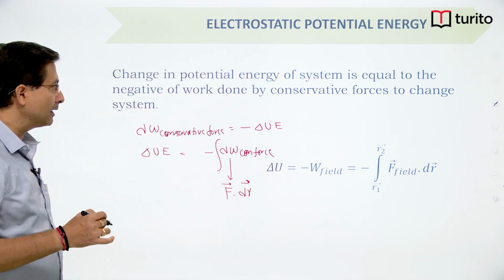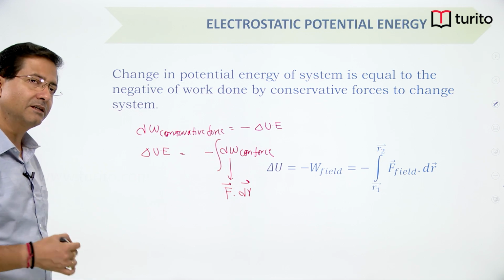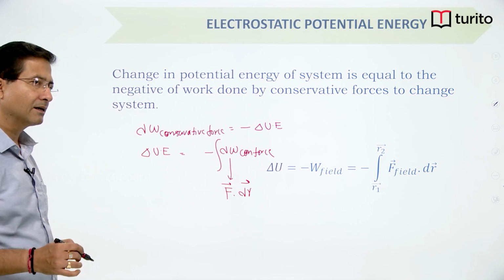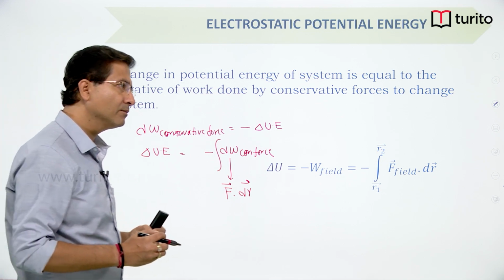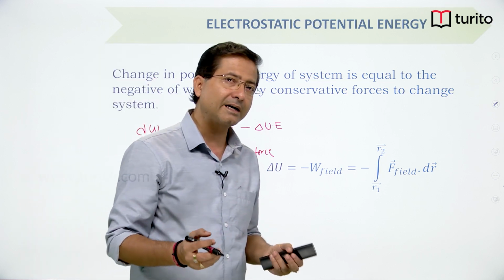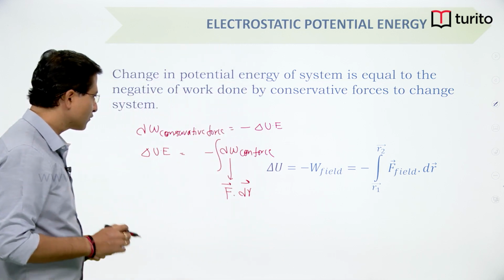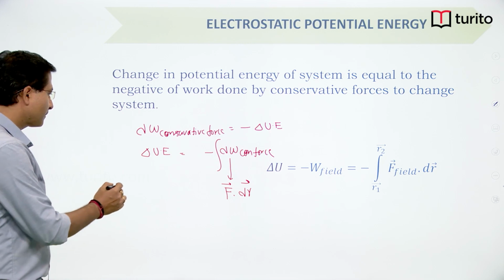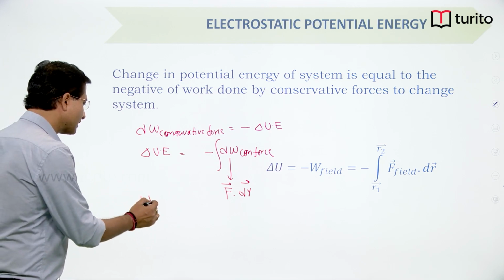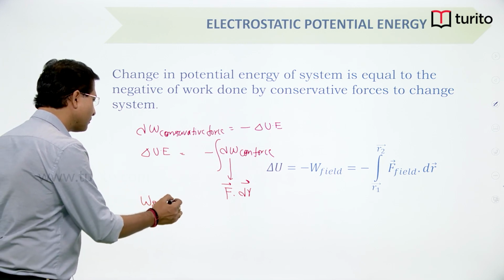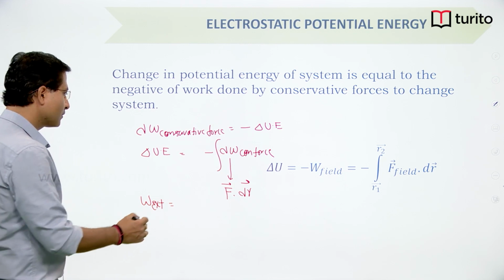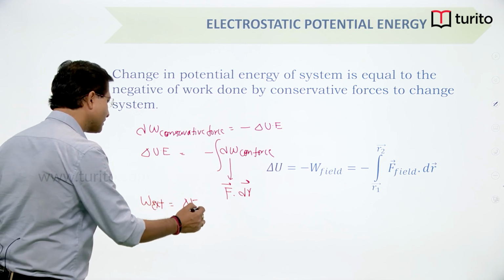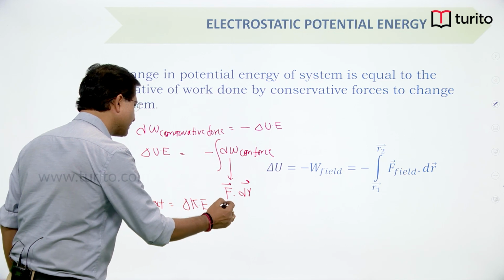And if we are changing the system in such a way that the constituents of the system are not gaining any kinetic energy, then from the work energy theorem we know that work done by an external agent changes the mechanical energy of the system. Mechanical energy of the system is nothing but kinetic energy plus potential energy.